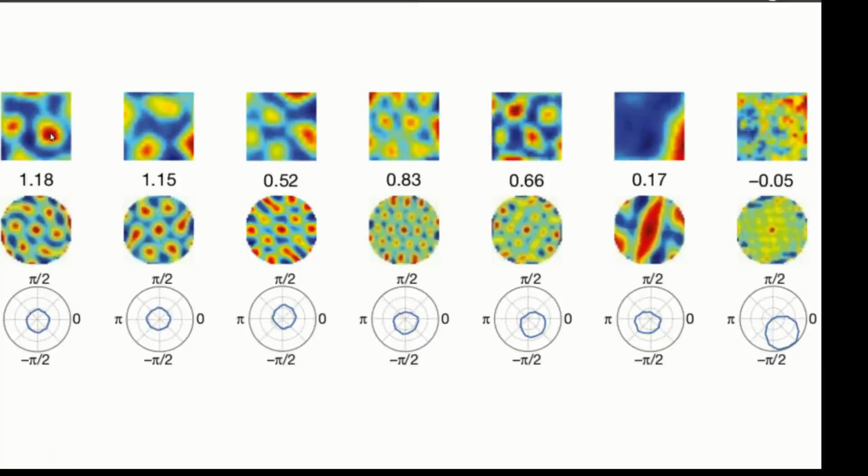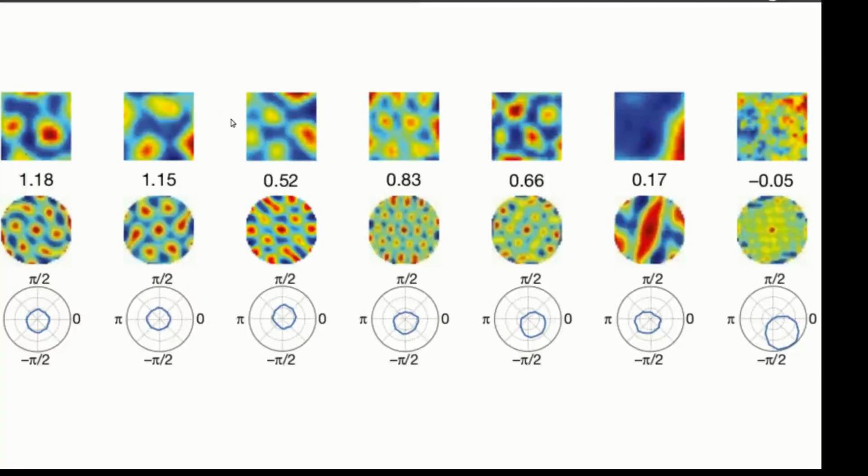This is a map of the arena, and the red color means this neuron has a tendency to be active when we are around this area in the arena, and also this area, and all these areas.